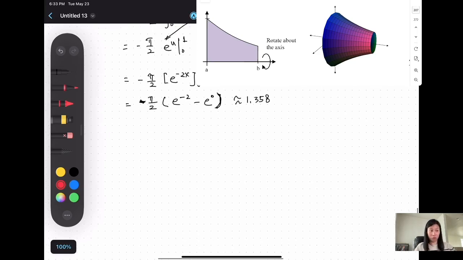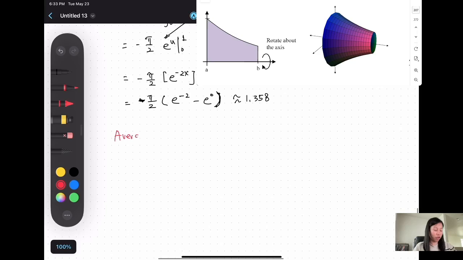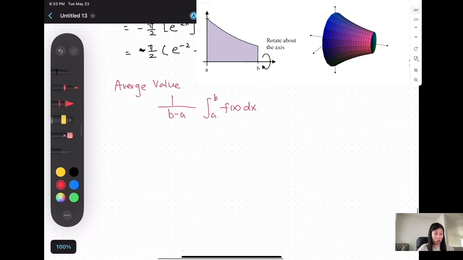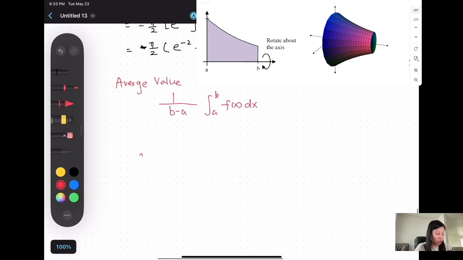So now the next part of this section is how do we find the average value from the integral. The average value of a function f(x) on the interval from a to b is defined by 1 over b minus a, times the integral from a to b of f(x) dx. Say I'm going to give you a curve, f(x) equals 5 times square root of x.